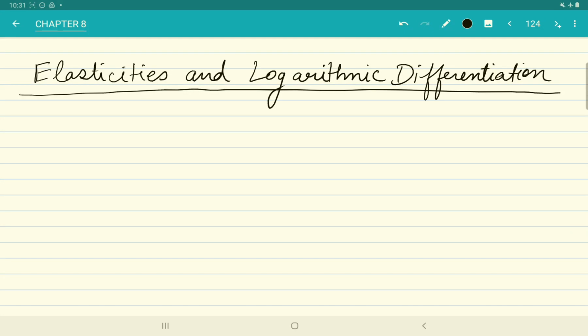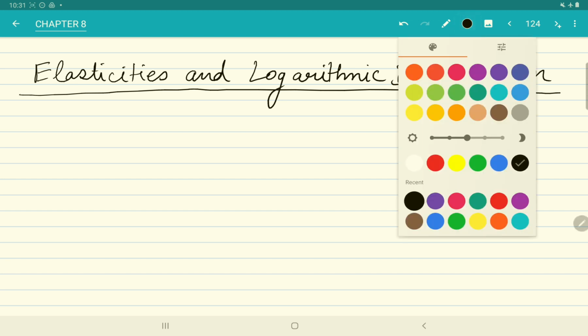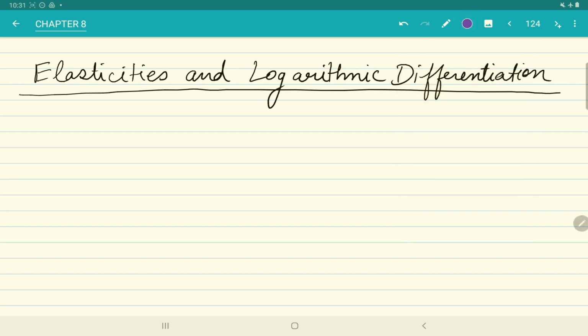Another application relates to elasticities, and if you can recall, we did this in chapter 5.